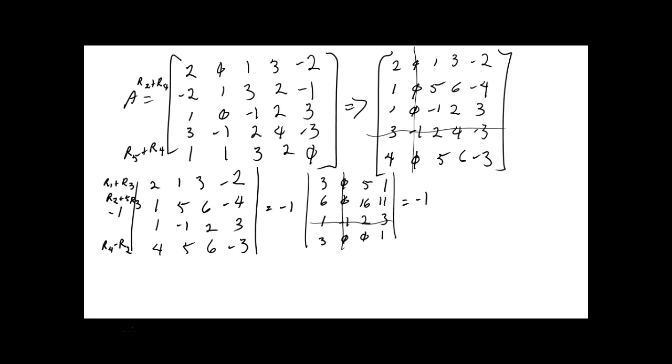Plus, minus, plus, minus. So minus and minus makes it a plus. So that's going to be times 1. So I'm just going to leave it off because multiply by 1 doesn't change anything. Times 3, 5, 1, 6, 16, 11, and 3, 0, 1.